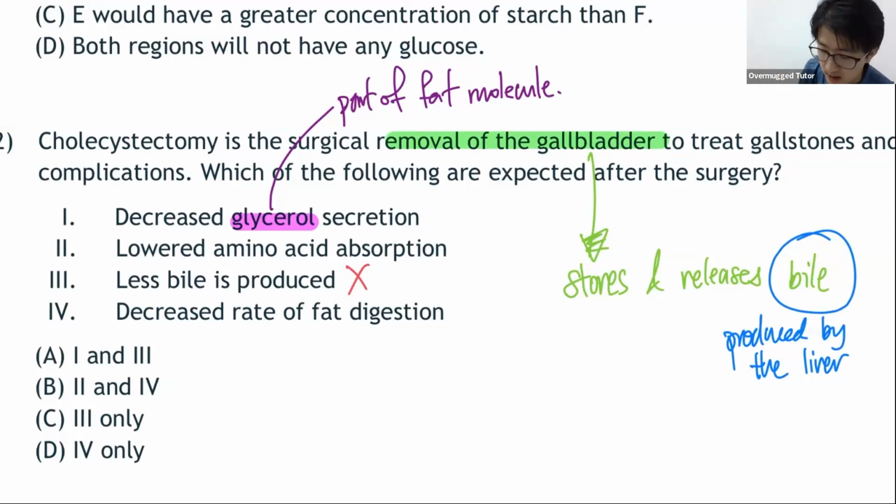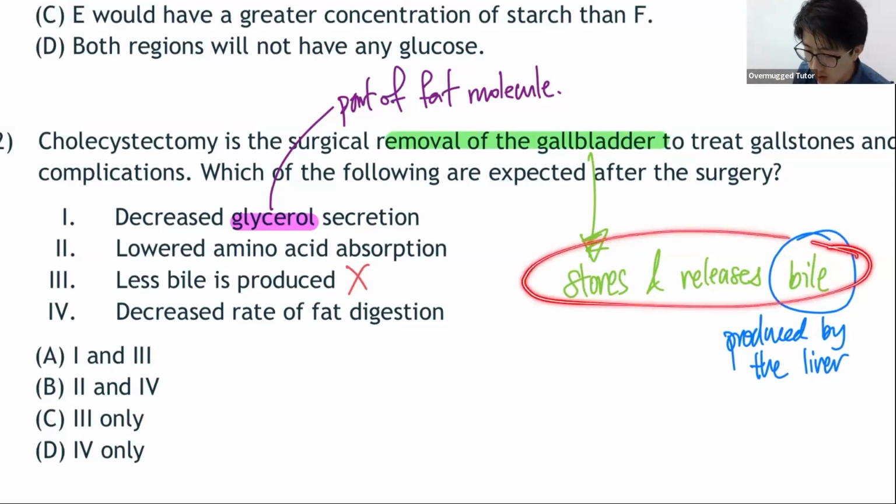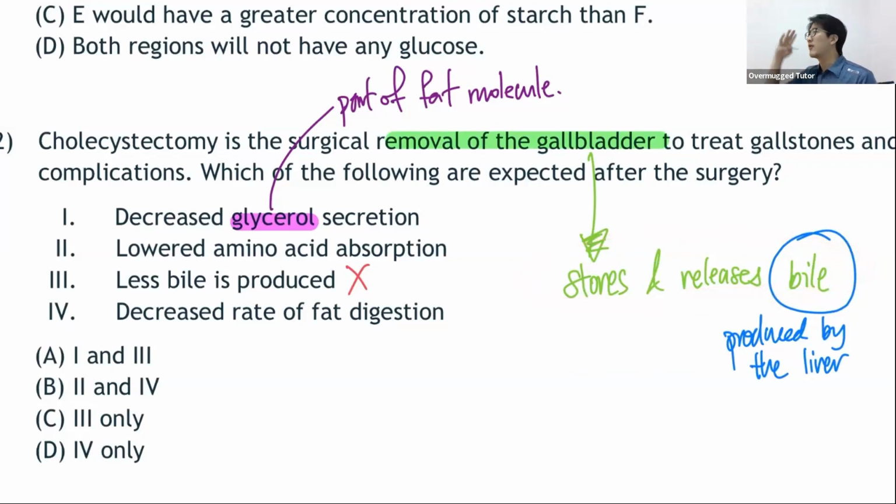But now, without the gallbladder to regulate the release of bile, the liver will just keep producing. Have fat in the small intestine, also release. Don't have fat, also release. Meaning, bile will not be as efficient anymore. And hence, fat digestion occurs at a lower rate. Okay? Alright, so the answer here is D.